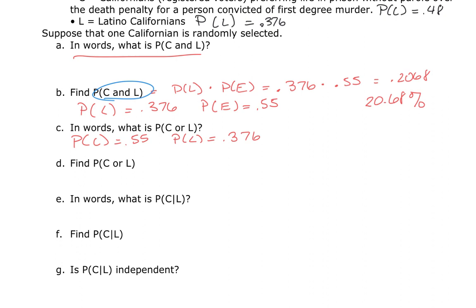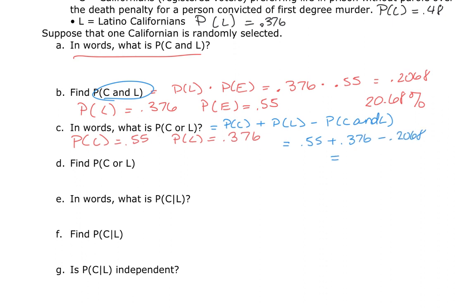So the probability, in this case, of C or L is the probability of the person being C, plus the probability of the person being Latino, minus that probability of C and L, which is the overlap. So in this case, it's going to be 0.55 plus 0.376 minus 0.2068.